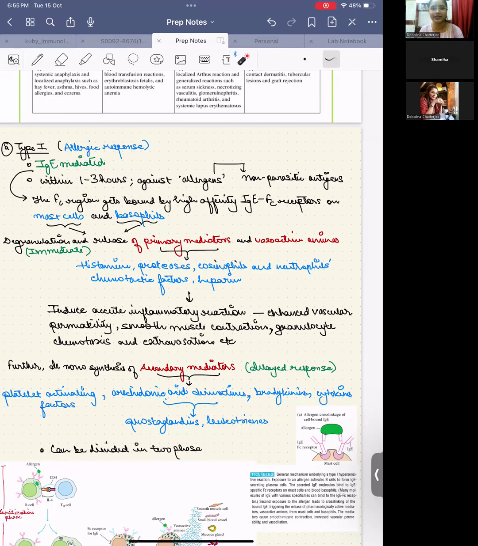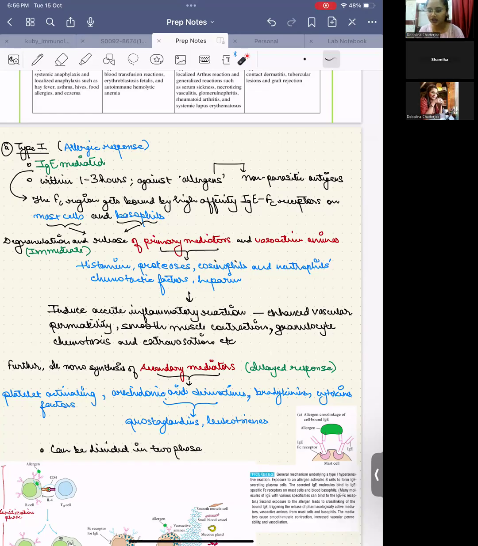Any signaling can trigger the degranulation, or the release of these granules into the extracellular spaces. So all the active components inside these granules come out into the extracellular spaces, and eventually they are going to mediate a downstream response, right?